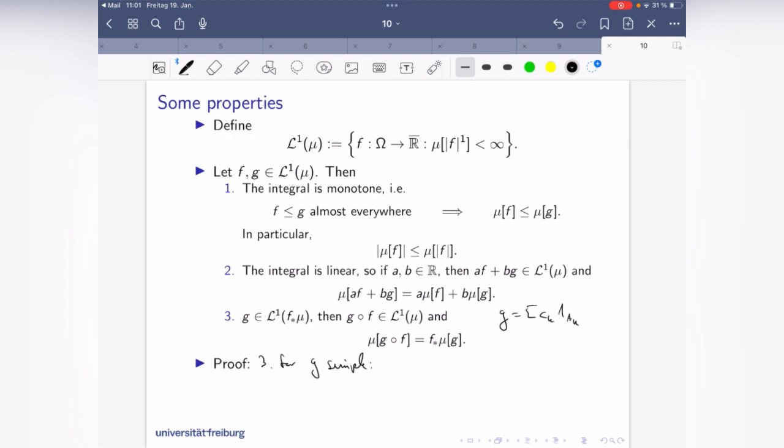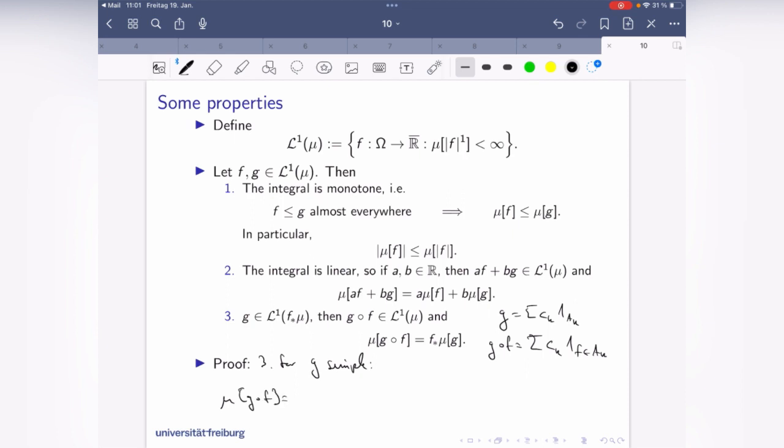And g composed with f, what's that? That's again the sum of ck times not the indicator of Ak now, but the indicator that f is in Ak. Well, and now I can write the mu of g composed with f.